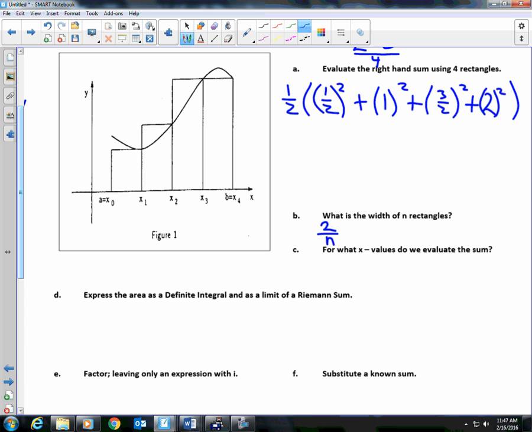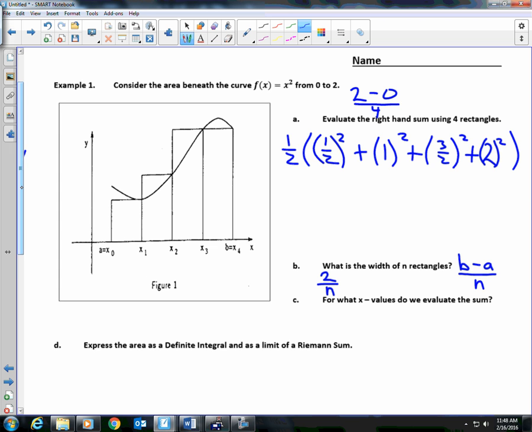So what Kyle sees is that if we want to find width, we take our interval, we subtract it, and we divide by n. So being it was from 0 to 2, took 2 minus 0 and divided by n. That's how we got our width.